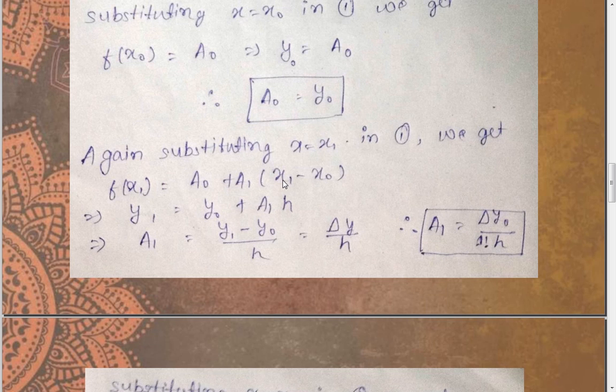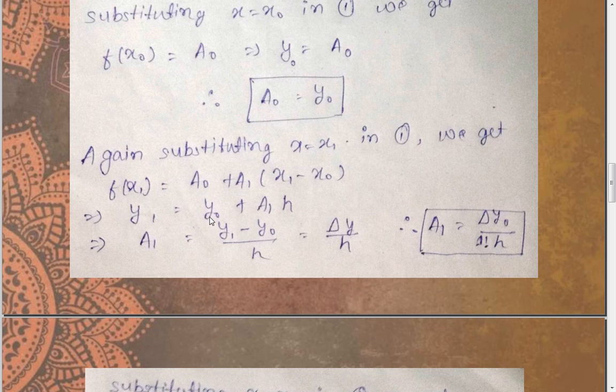You see here x1 and x0 are two consecutive values of x, so the difference between them gives us h, which is the difference in x. And f of x1 is y1, as we know, to maintain the pattern.